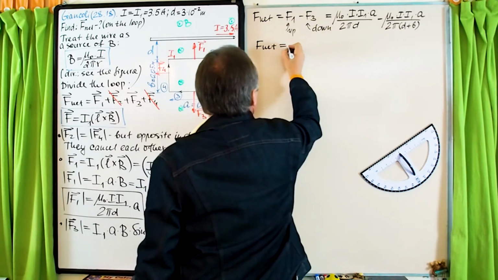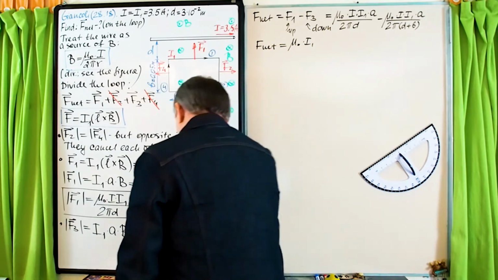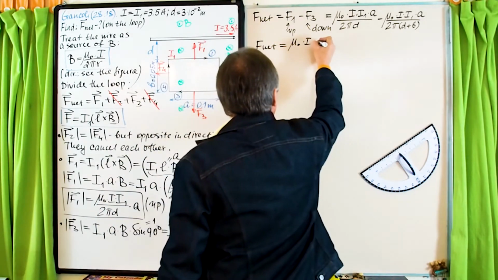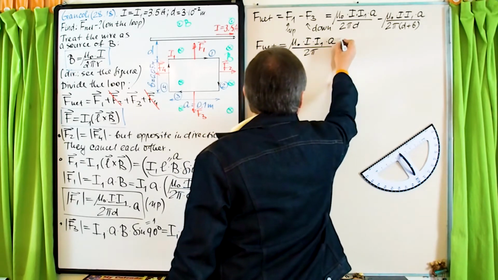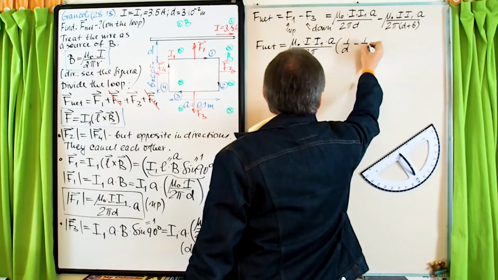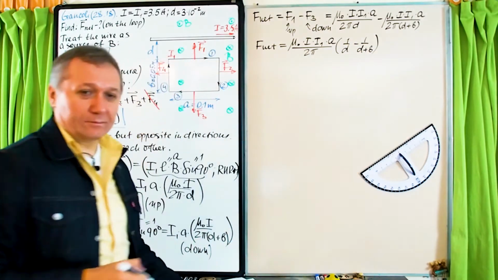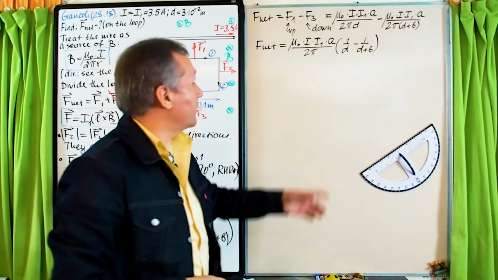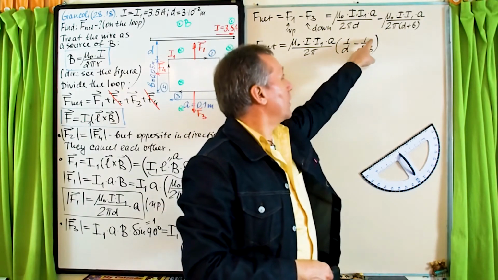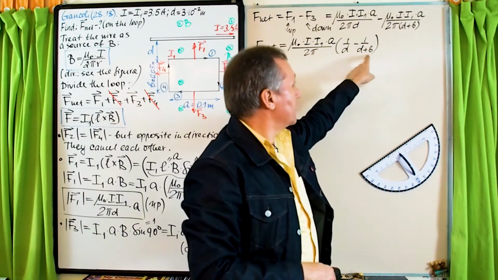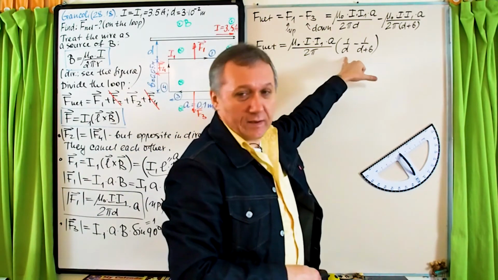F net will be equal to mu naught I1 times A divided by 2 pi, and 1 over D minus 1 over D plus B. And obviously F1 is larger than F3 because look, it's 1 over D and here 1 over D plus B. So of course D plus B is larger, but because D plus B is in the denominator, this is smaller than that, right?